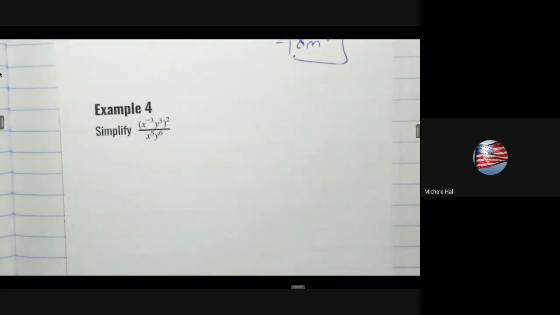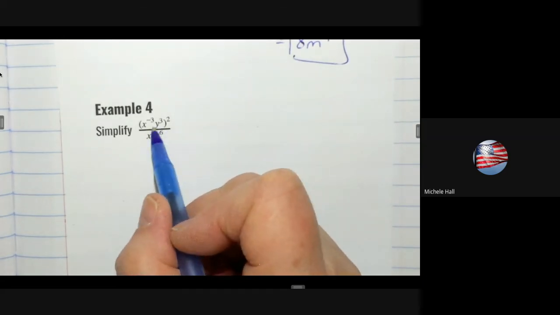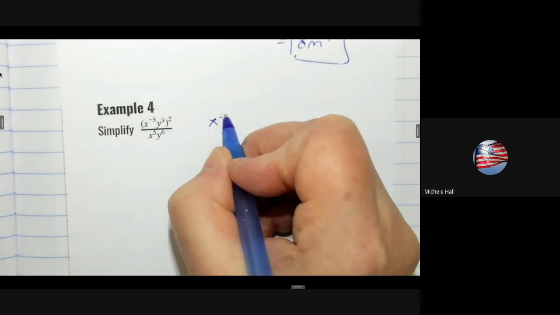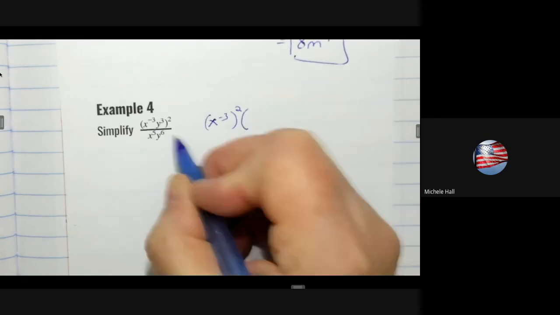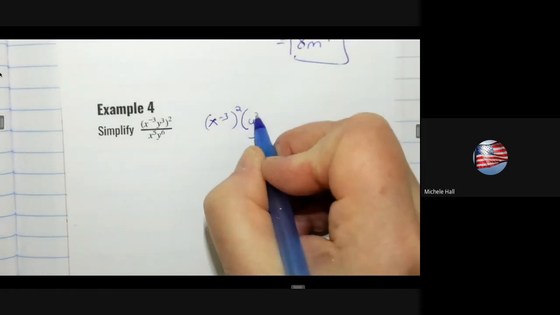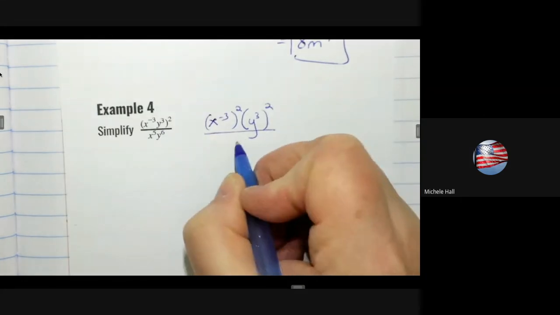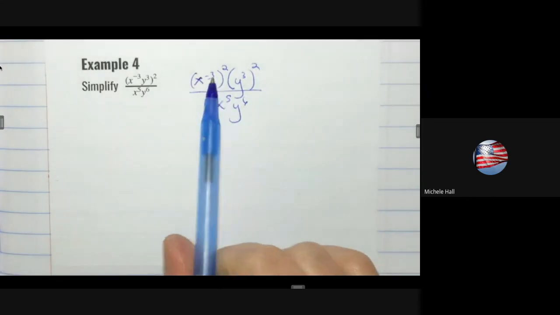Last example, example 4. We have a numerator that's being raised to a power, so I'm going to apply that first. X to the negative 3 is being raised to the second times y to the 3, also being raised to the second, and we have x to the 5th, y to the 6th. Next, I'm going to take care of power to a power.